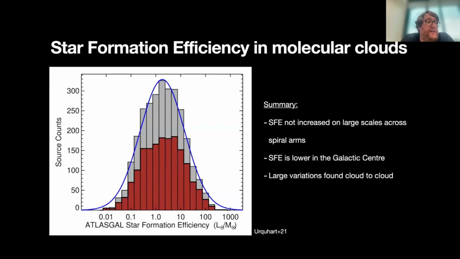It could well be. I did some similar work looking at that in one of my earlier papers, and I just show these plots because James has got a much larger sample than I had.